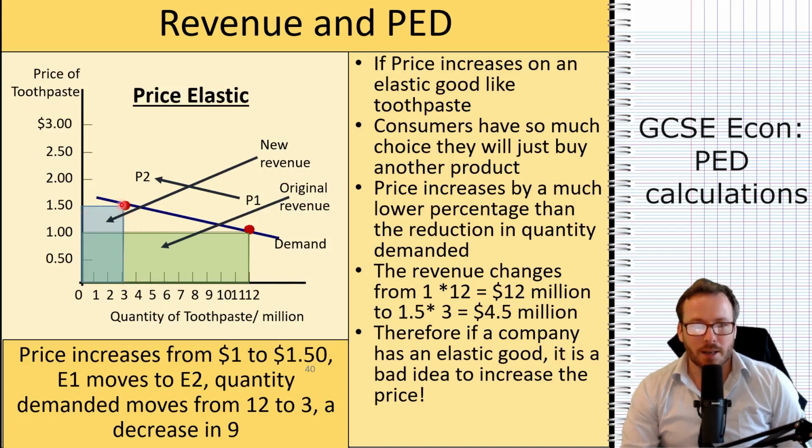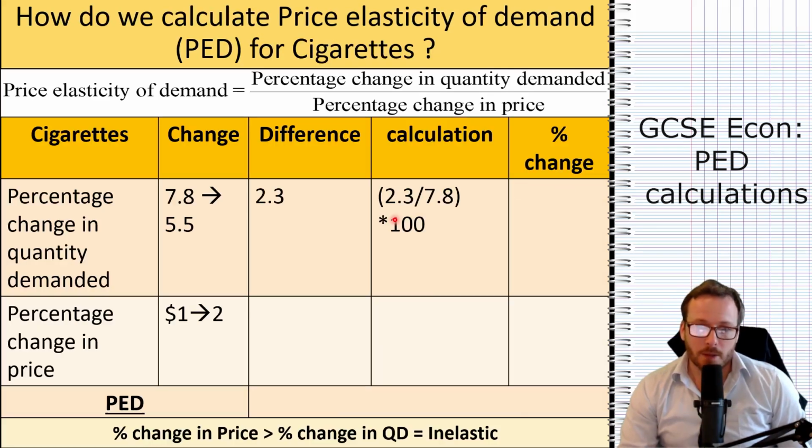So it makes it clear that if we have elastic demand as a company, it's definitely well within our rights to lower the price as much as we can in order to gain advantages from selling to lots and lots more customers. This is a further breakdown of our calculations, okay? Just quickly for cigarettes. Some people were asking me about the calculation, so let's do it here. So we know that for cigarettes, the quantity demanded has gone from 7.8 to 5.5.